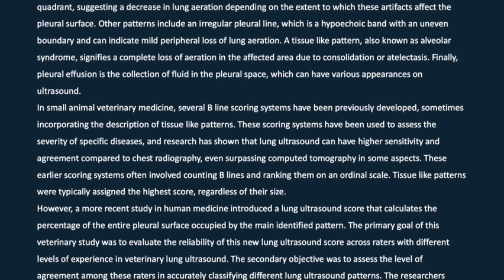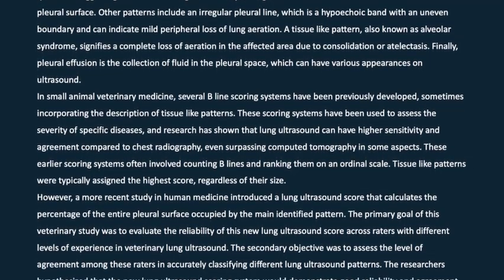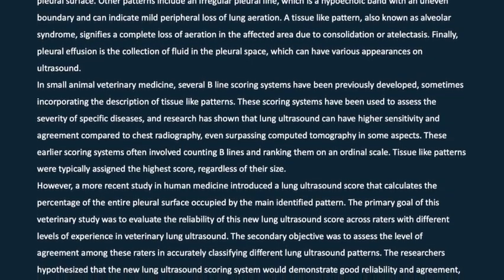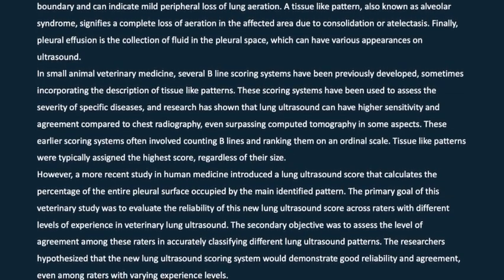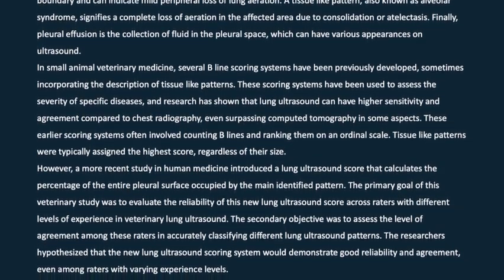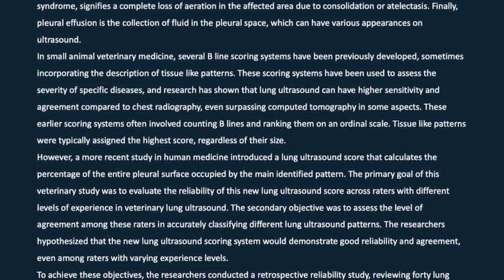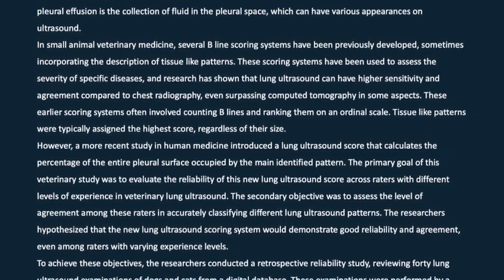In small animal veterinary medicine, several B-line scoring systems have been previously developed, sometimes incorporating the description of tissue-like patterns. These scoring systems have been used to assess the severity of specific diseases, and research has shown that lung ultrasound can have higher sensitivity and agreement compared to chest radiography, even surpassing computed tomography in some aspects.